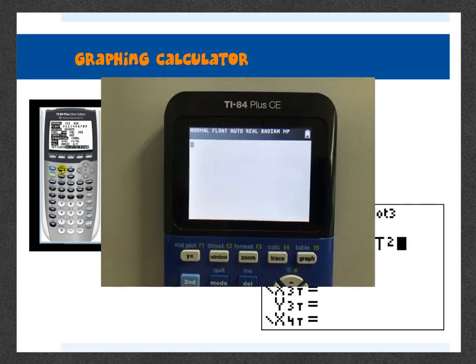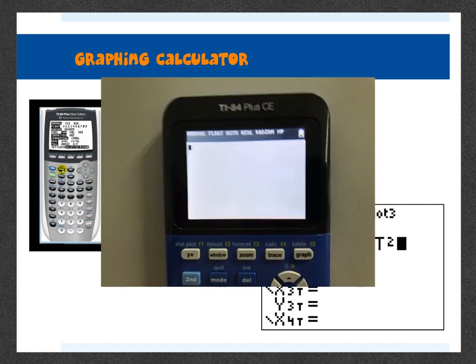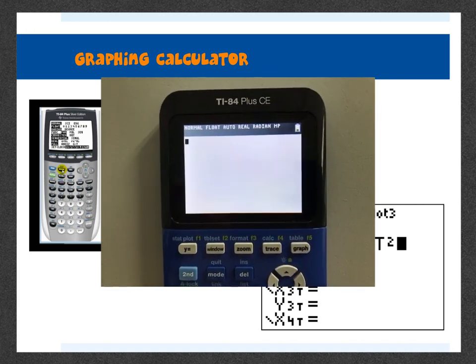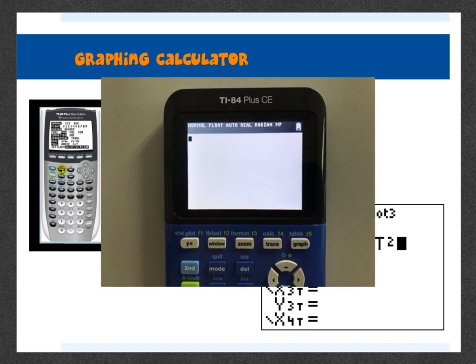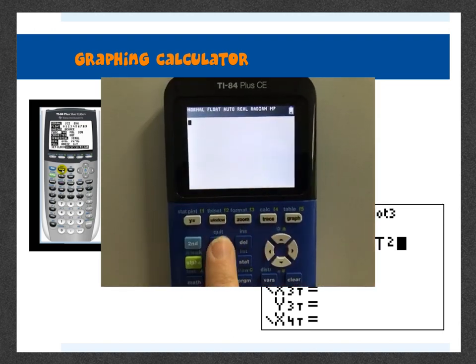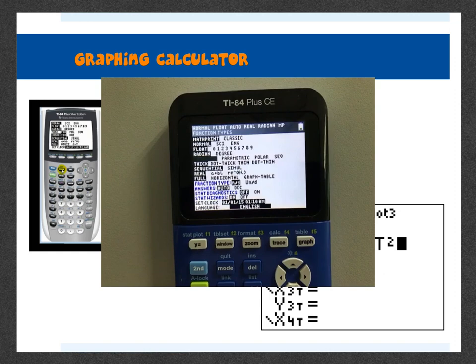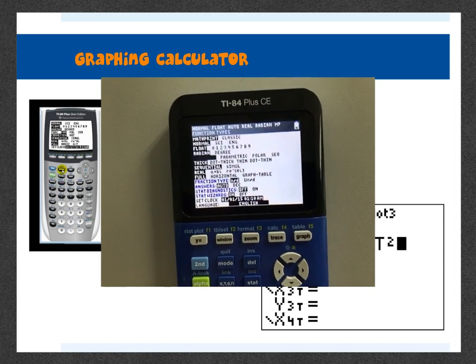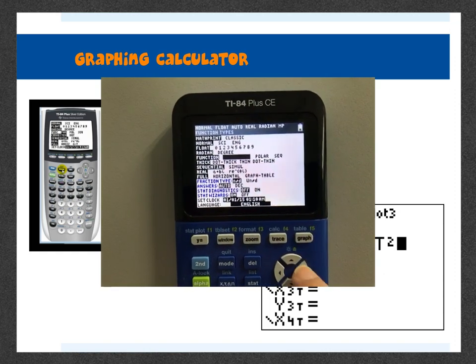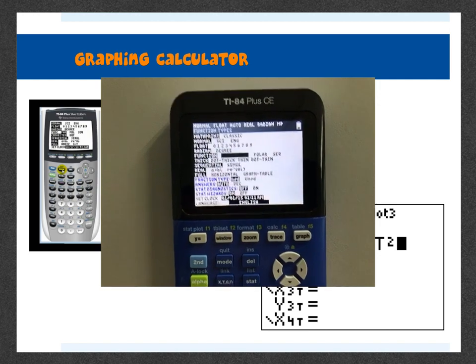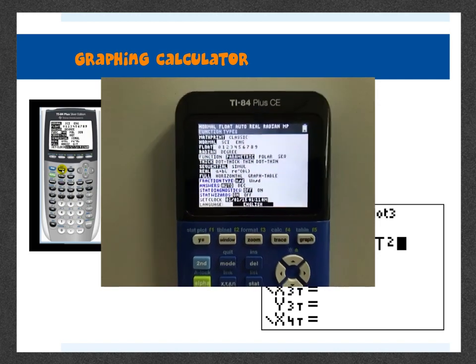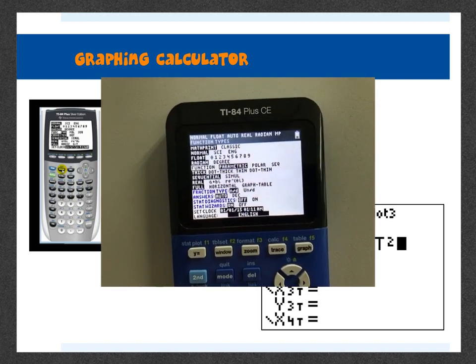The first thing we have to do is tell your calculator that we're now in parametric mode. Up to this point, we've only gone through radians and degrees, but if you click on the mode button, underneath radian degrees, it says function, parametric, polar, and SEQ for sequence. I'm going to scroll over to parametric and hit enter. So I just switched my calculator's mode.